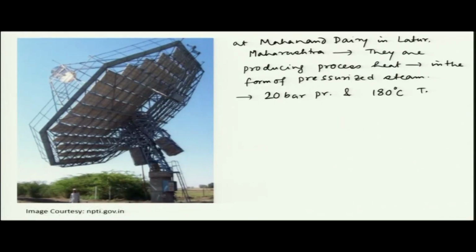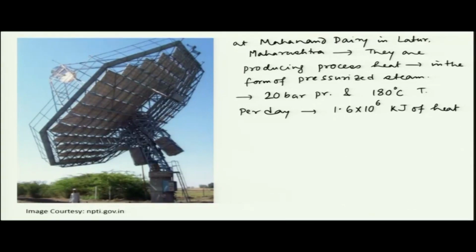Okay. So, that kind of heat it is generating, and per day it can deliver 1.6 into 10 to the power 6 kilojoule of heat. Okay. That is a large amount of heat that it can produce, again just free. Okay.